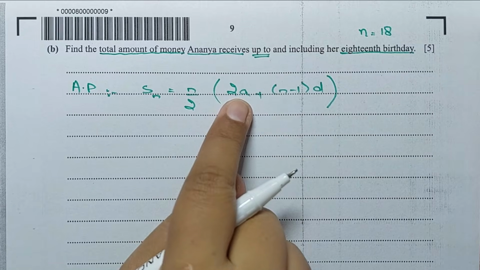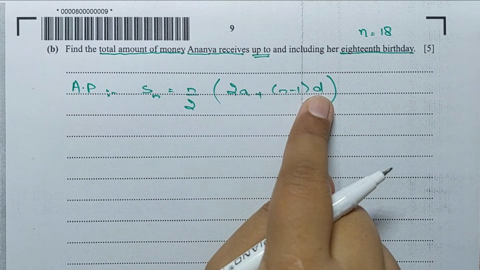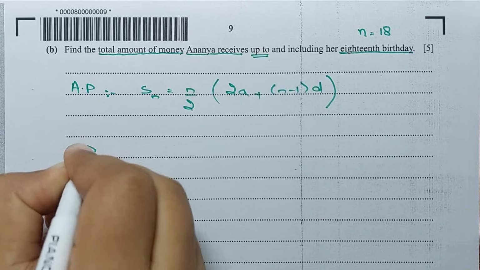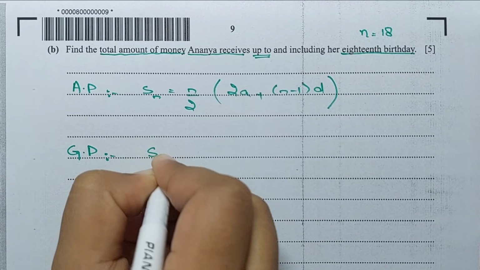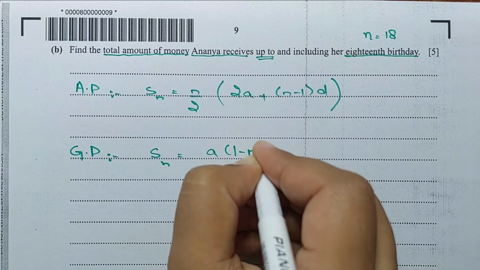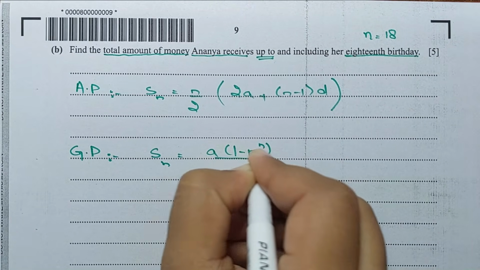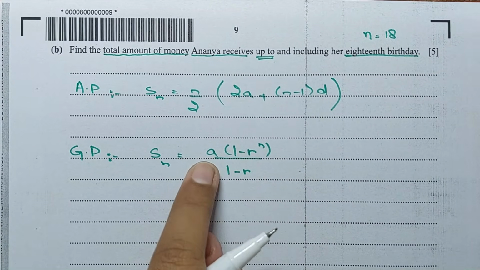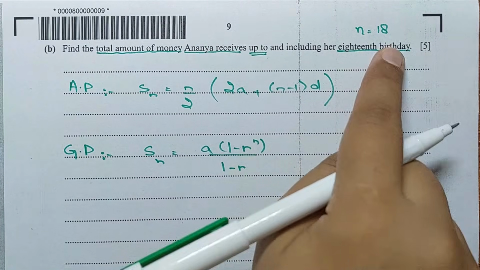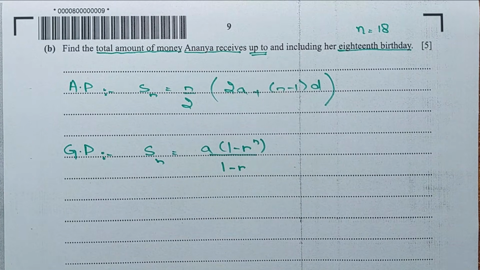Here a is the first term, which is 10, d is the common difference, which is 5, and n is 18. For geometric progression, the sum is Sn equals a into 1 minus r to the power n over 1 minus r. Again a is the first term, which is 10, r is the common ratio 1.2, and n is 18. Let me figure out the sum.